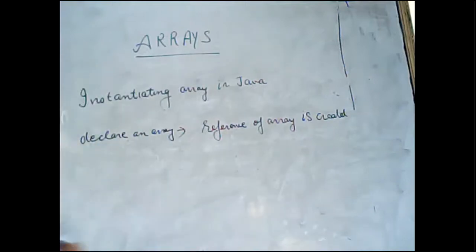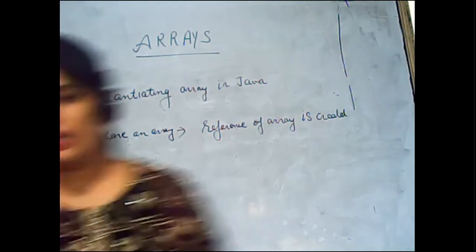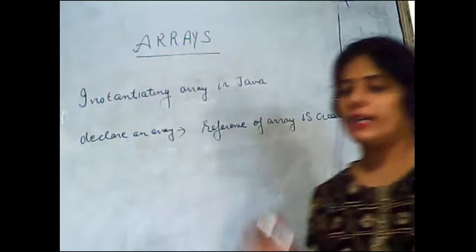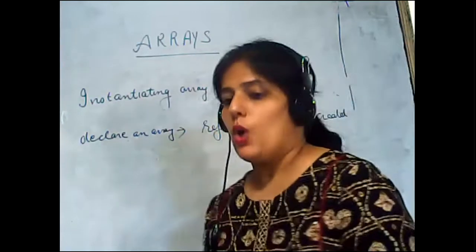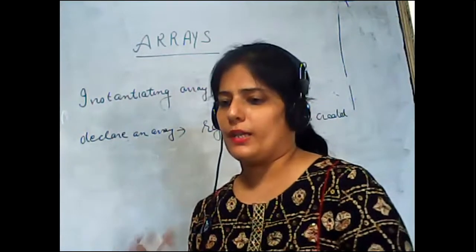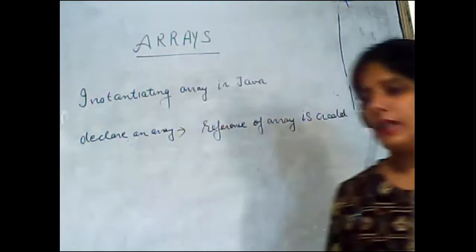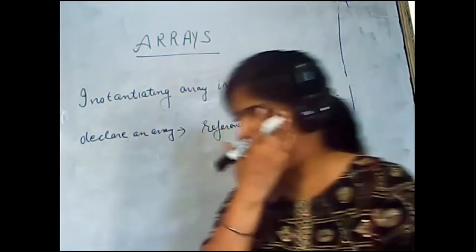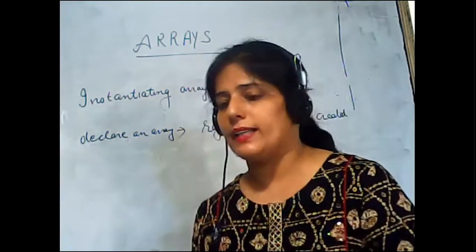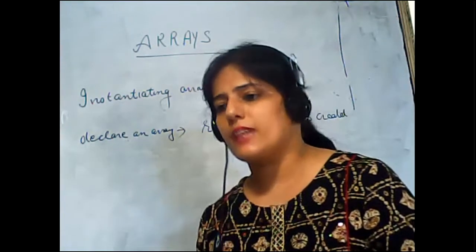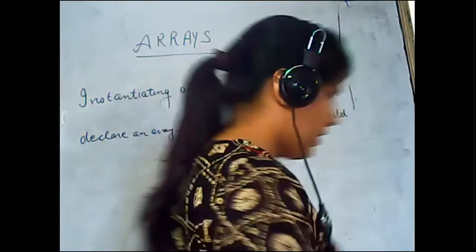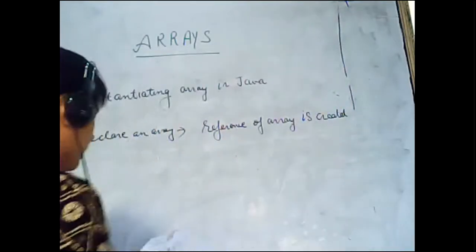In order to actually create or give memory to the array, we need to instantiate it. Just remember that at the time of declaration, only the reference of the array is created. But if we want to give some memory, or create that array in the memory portion, at that time we need to instantiate that array.